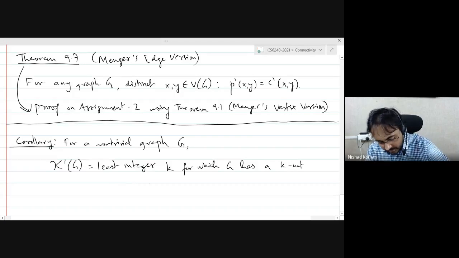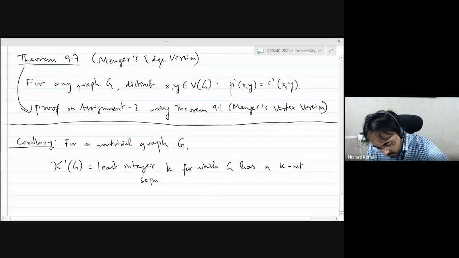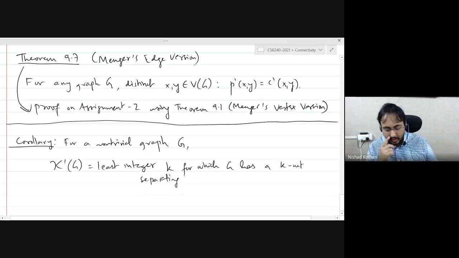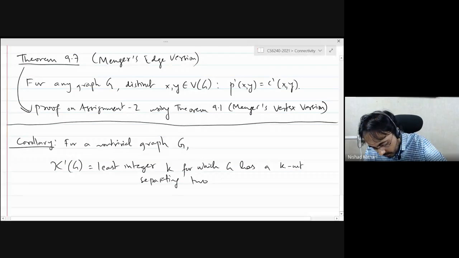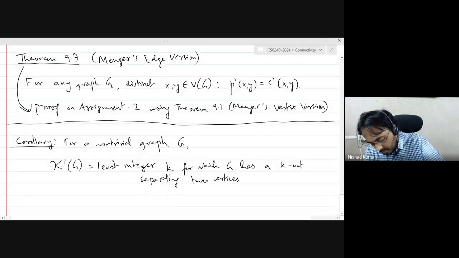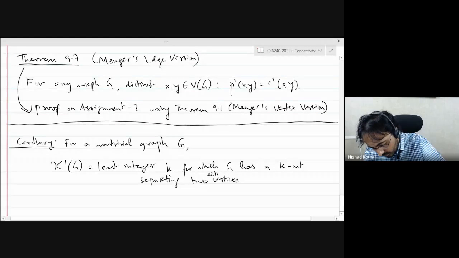Maybe I should say separating, because the empty set is also a cut of the graph as per our definition. So I need to make sure that we don't allow the empty cut. So you must separate two vertices, two distinct vertices, X and Y.